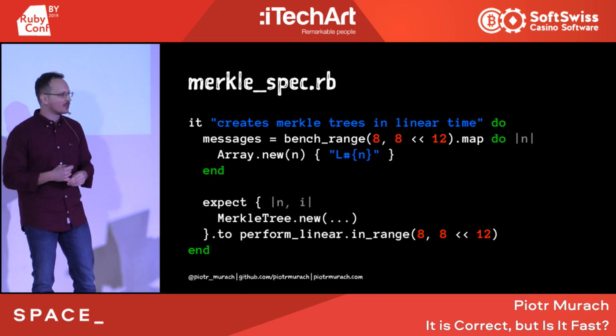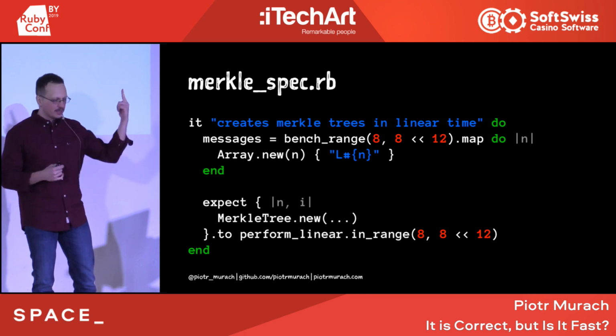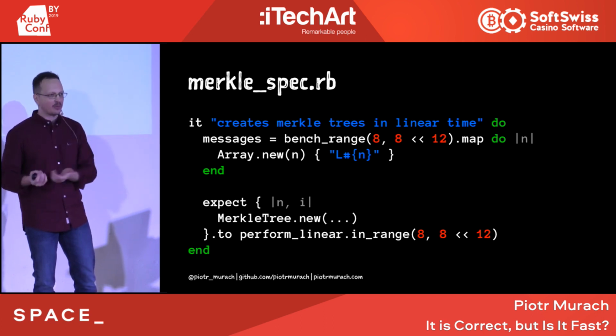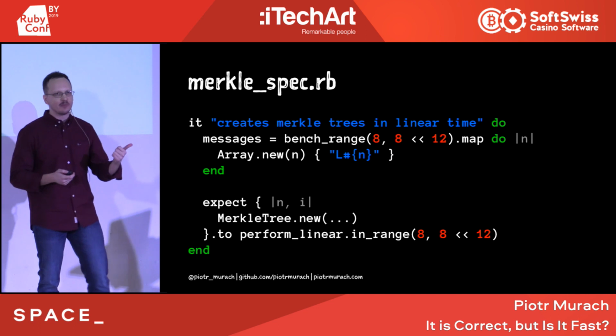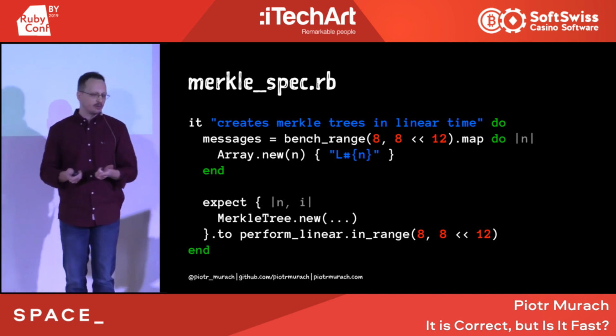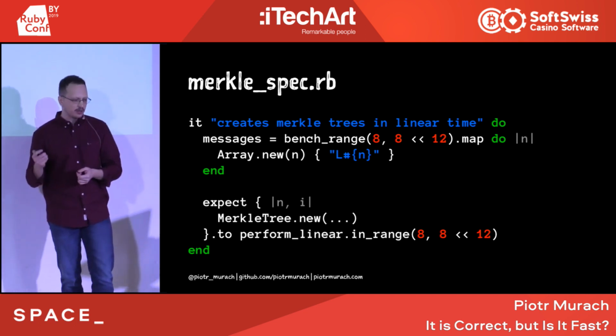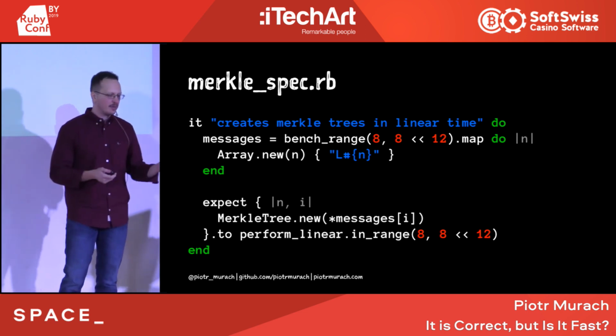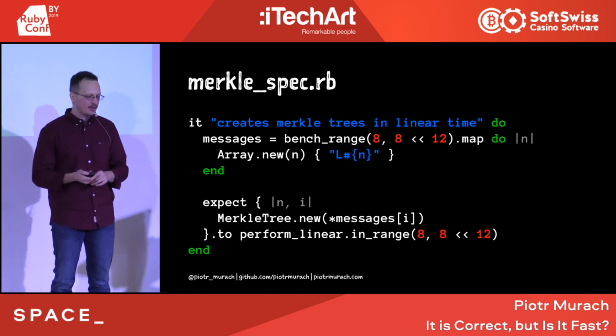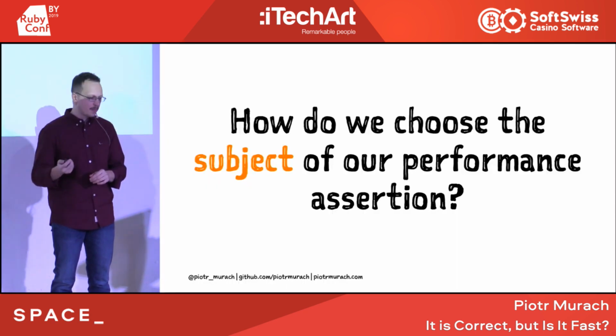We use the in-range matcher, which allows us to instruct the perform linear about the range that we're going to iterate over. The expect block, if you notice, exposes the actual range number and also the data point that we're looking at. From this on, it's pretty straightforward. Splat messages to the Merkle tree and run the code. And it does indeed perform linear.